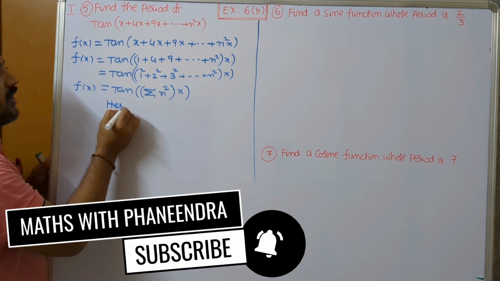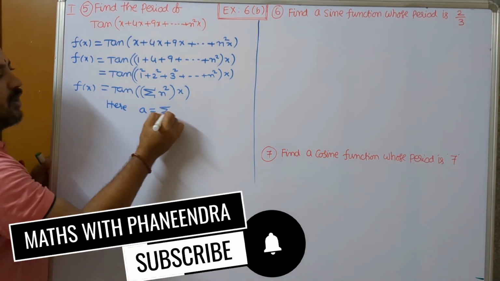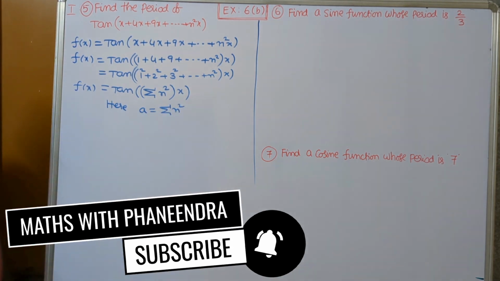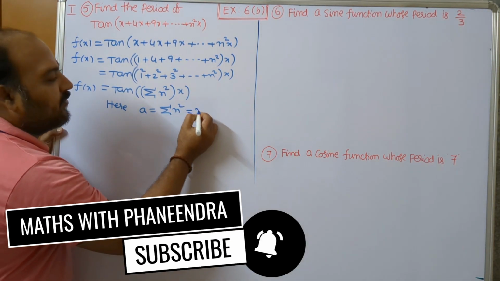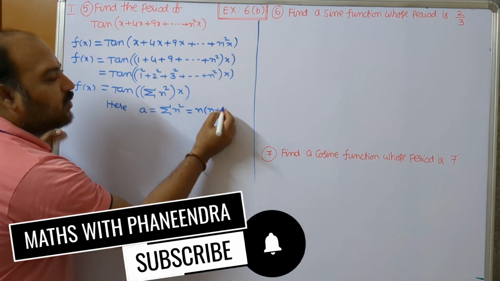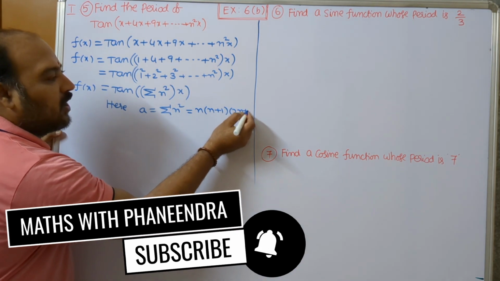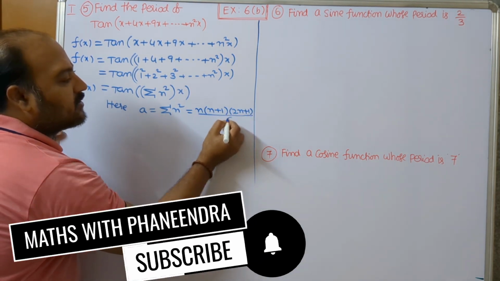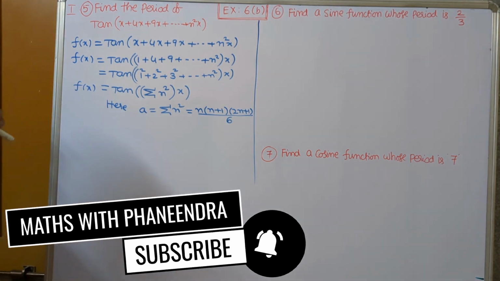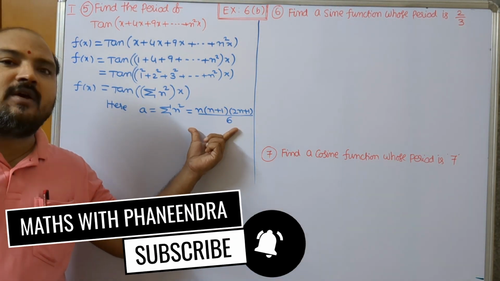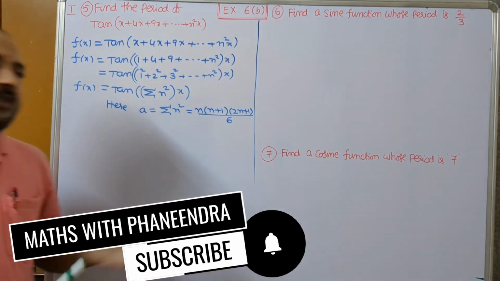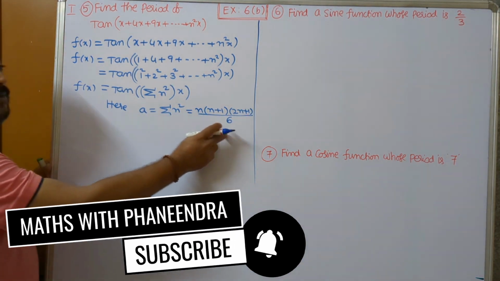Here a is equal to sigma n square. What is the formula for sigma n square? The sum of the squares of the first n terms formula is n into (n plus 1) into (2n plus 1) divided by 6. While doing sums in mathematical induction, this formula is very much required, and I hope you understand it.